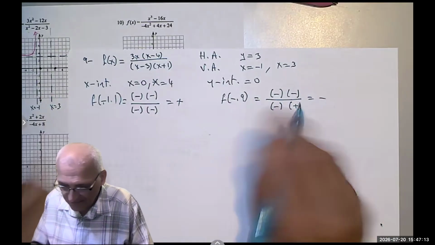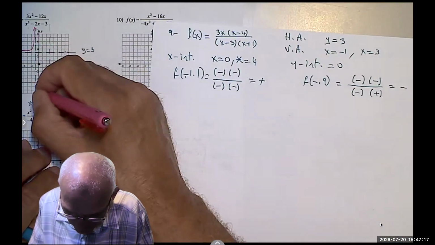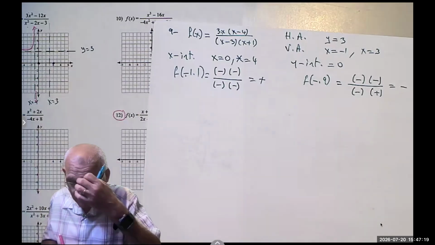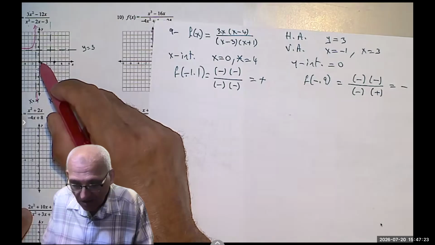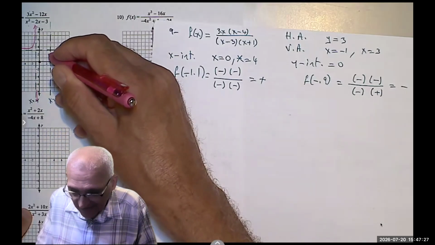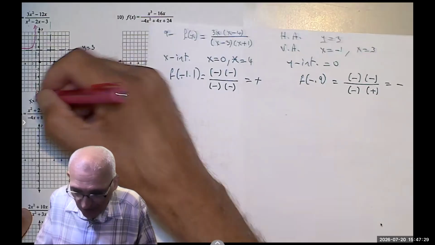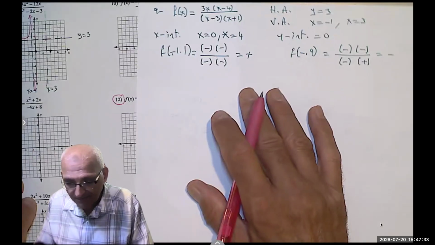So this is negative, meaning my graph to the right of this asymptote goes to negative infinity. Guess what? I'm crossing at the origin. So is it going to go like that and then down? Or like that and keep crossing up?